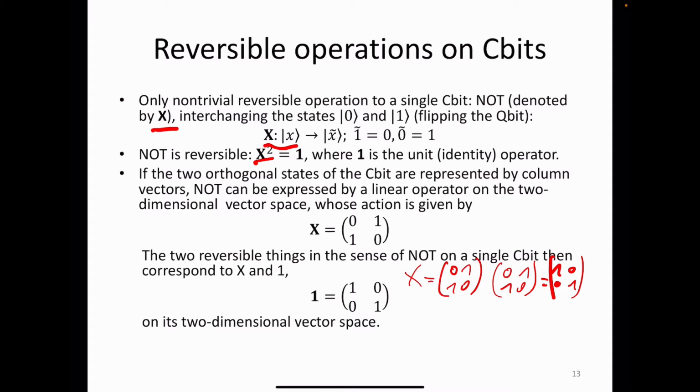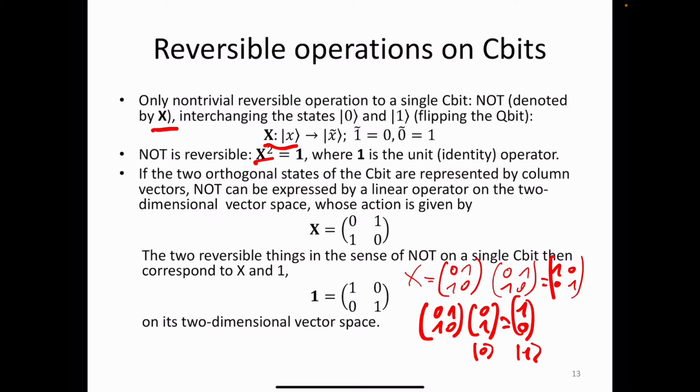If we look at it again from a vectorial, linear algebra perspective, if you execute the NOT operation on the state 1, for example, then 0 times 0 plus 1 times 1 gives you 1, and here we have 0, which means it transforms the state 0 to the state 1.